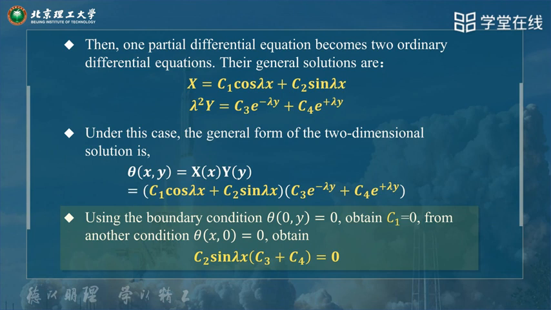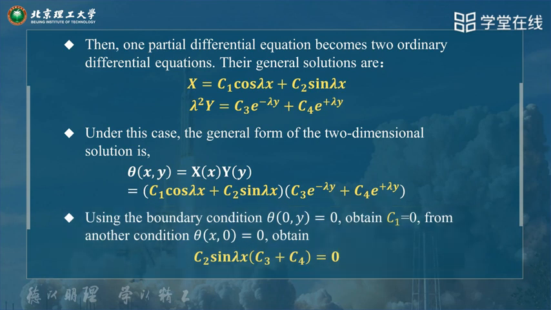We know theta(0, y) equals 0, so we obtain C1 is 0. From another condition, theta(x, 0) equals 0, we obtain C2 sine lambda x times (C3 plus C4) is 0.